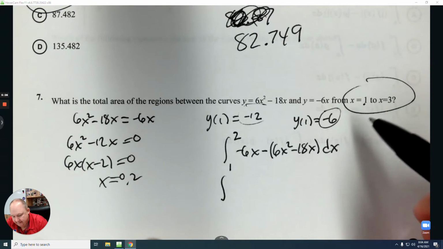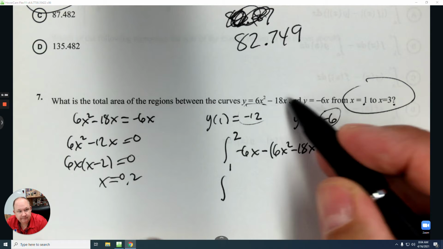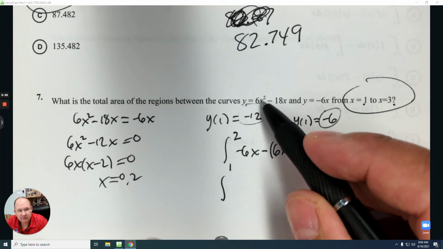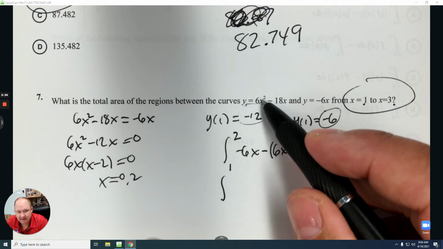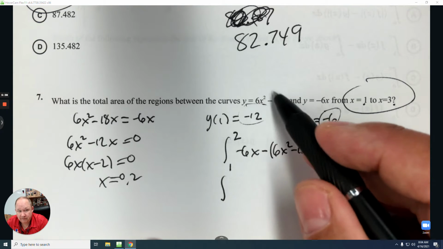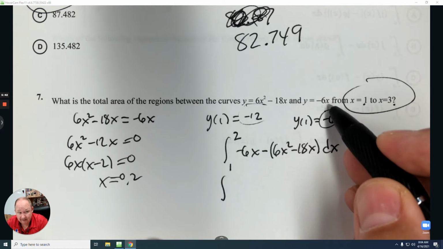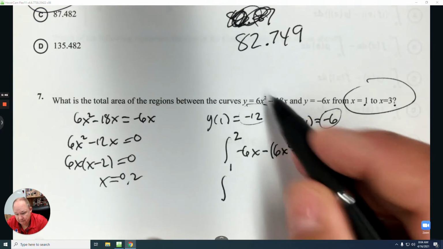And then if I plug in 3, I want you to notice that 3 squared is 9, and 6 times 9 is 54, and this is 54, so it subtracts to 0. But if I plug 3 in here, it's 0 or negative 18. So now the parabola is on top.